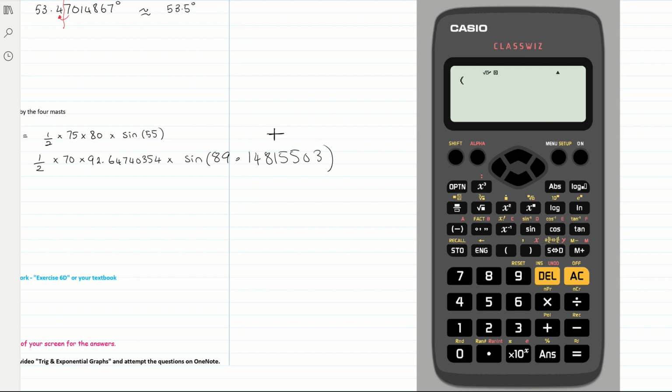I can put that in brackets: a half times 75 times 80 times sine 55, close bracket, then add, open brackets, a half times 70 times 92.64740354 times sine 89.148155503, close brackets, in one go, equals.